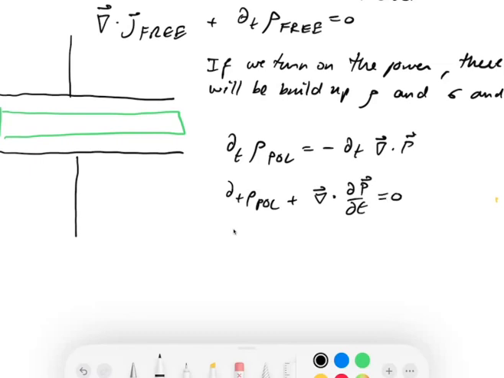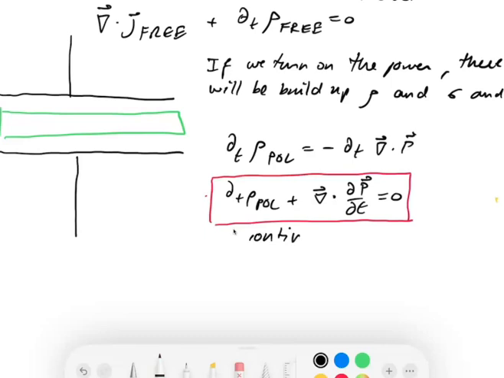So that's a continuity equation. Looks just the same. So it's a continuity equation for the polarization.